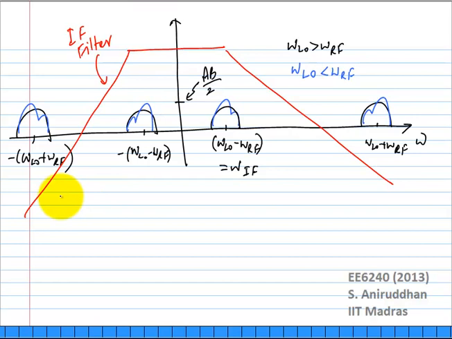So we can look at two cases. Somebody said your IF amplifier is easier than an RF amplifier, therefore you want to go to an IF frequency instead of RF frequency. So if you want easy IF design, what do you think omega IF should be? Large or small? It should be very small, for easy IF design.